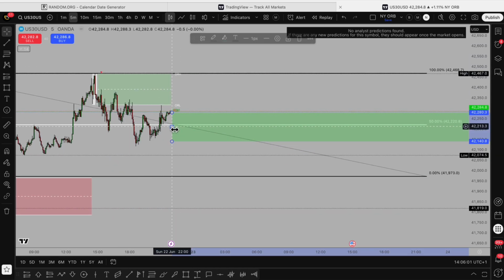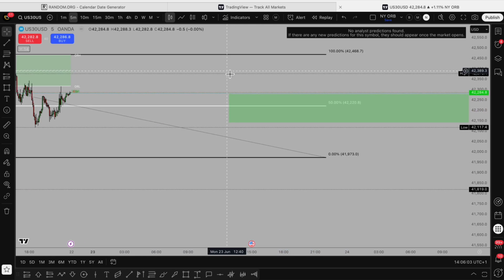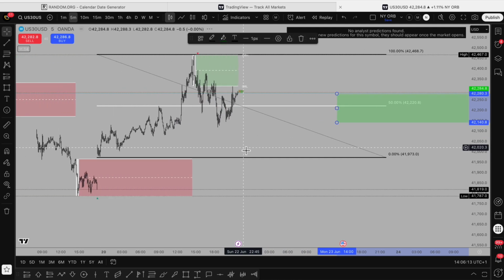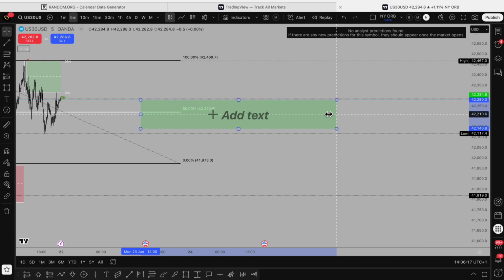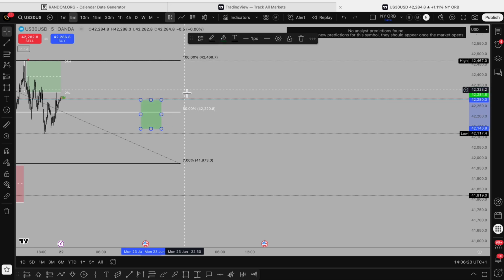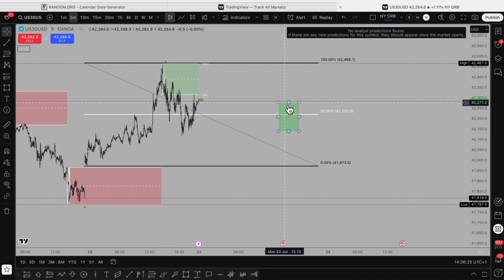We will just pull this over here, because the likelihood is we're not going to be in the market until maybe just before the New York session, which is 2:30 my time in the UK. And I'm not going to be in this any more than, let's say, 6 p.m. So that's my zone there.